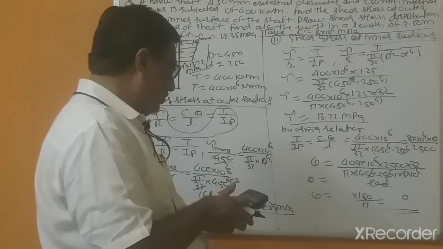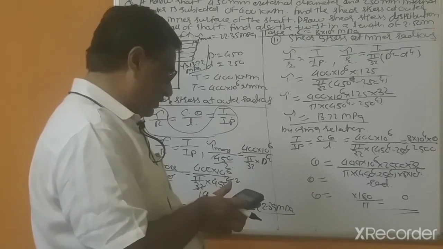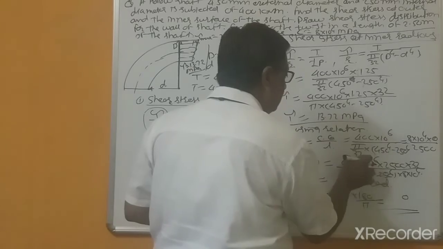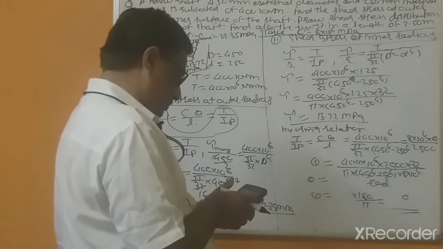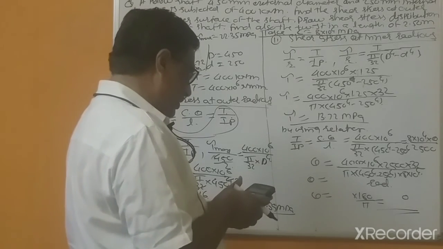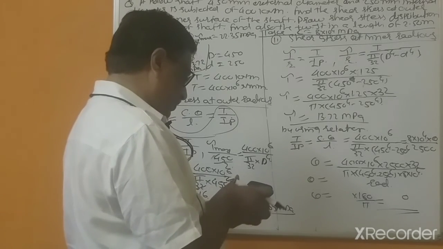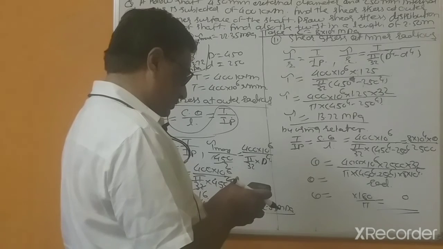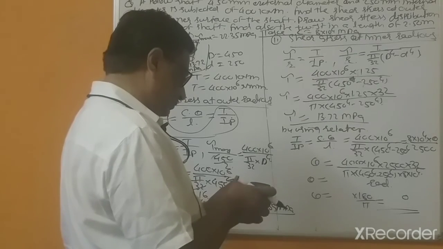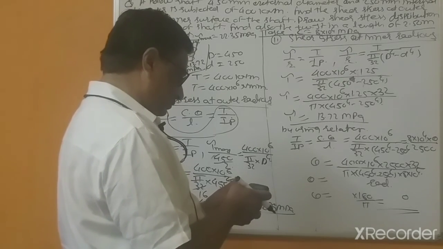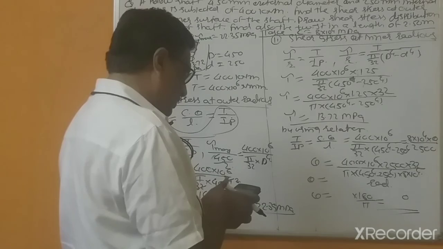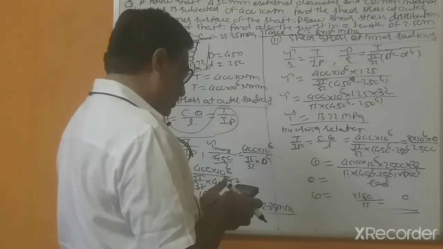So that's why 400 multiplied by 10 to the power 6 multiplied by 32 divided by pi divided by 450 to the power 4, sorry, 250 to the power 4, bracket close, again divided by 8 into 10 to the power 4.